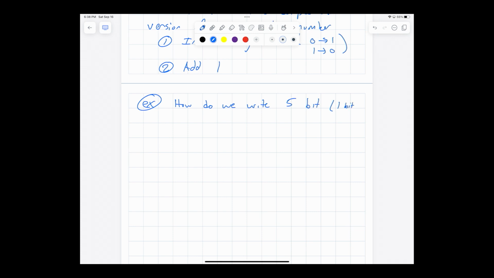I was going to say 1 bit is a signed bit, but we didn't talk about the signed bit yet. So how do we write a 5-bit number, let's say 12, in 2's complement.